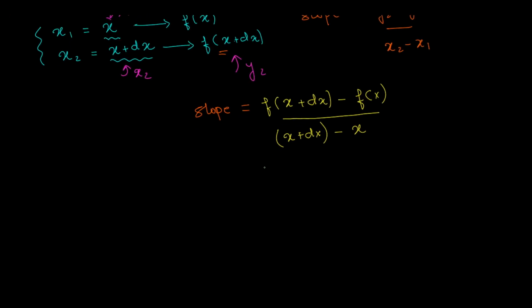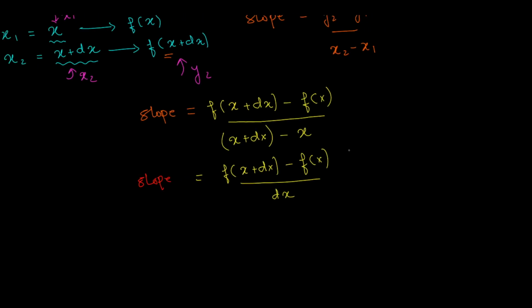Or if I simplify it further, numerator I can't really help but to keep that way, f of x plus dx minus f of x, divided by, look at this, x plus dx minus x. So x gets cancelled and I'll be left with just dx. And now this becomes the expression for my slope.